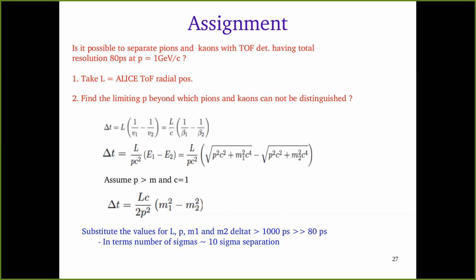So this is a quantitative way of manifesting your measurement.